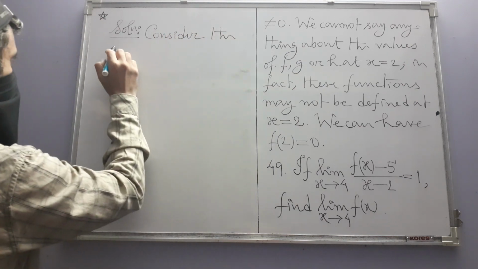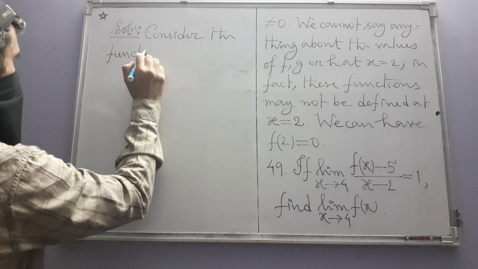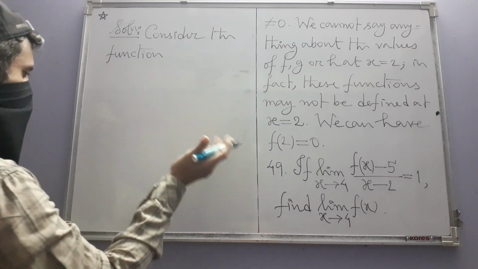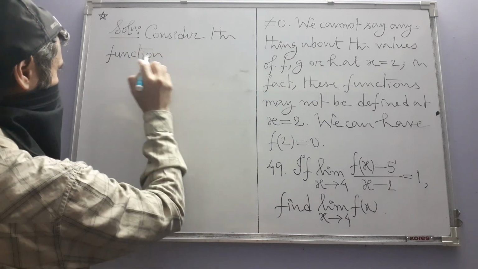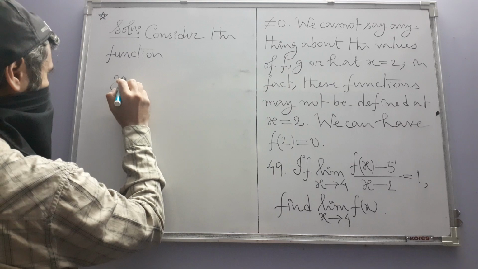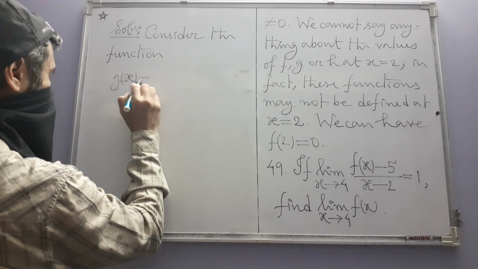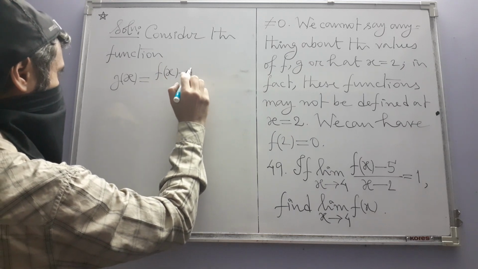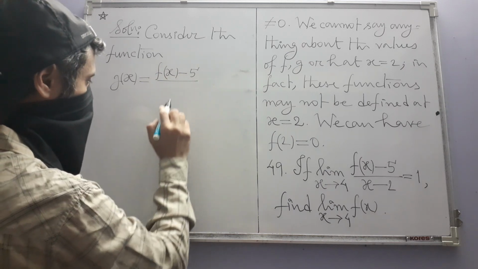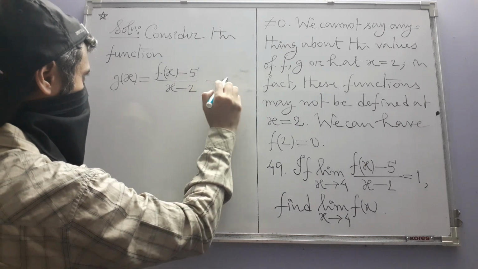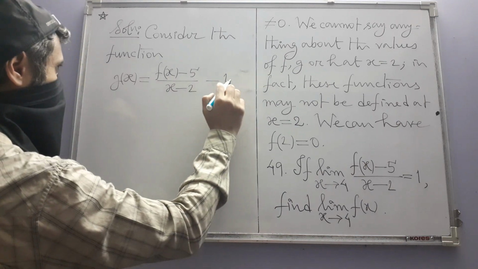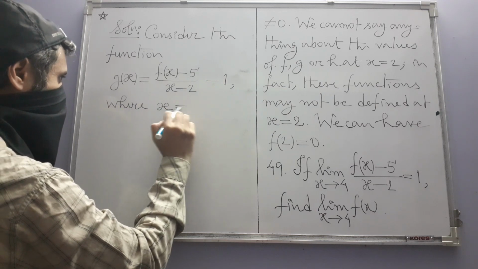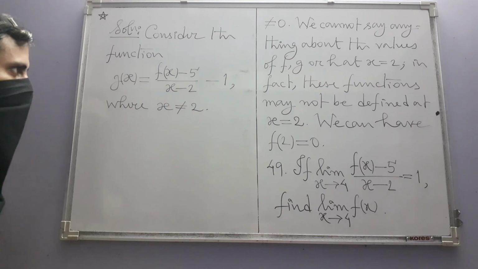Consider the function. I'm going to define another function, g of x equal to f of x minus 5 over x minus 2, minus 1, where x is not equal to 2.